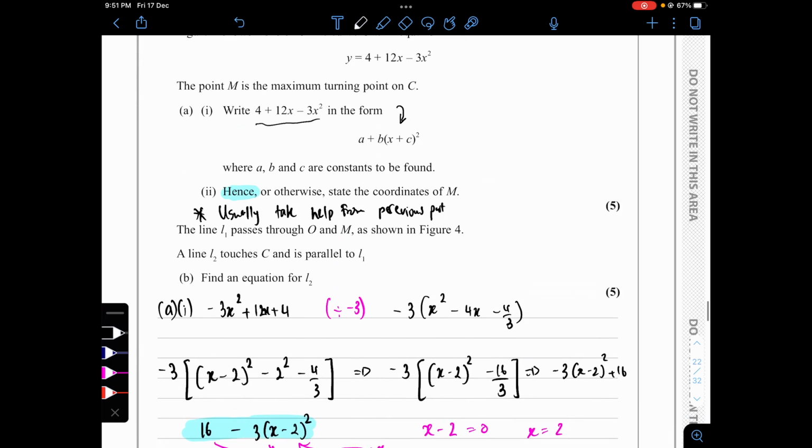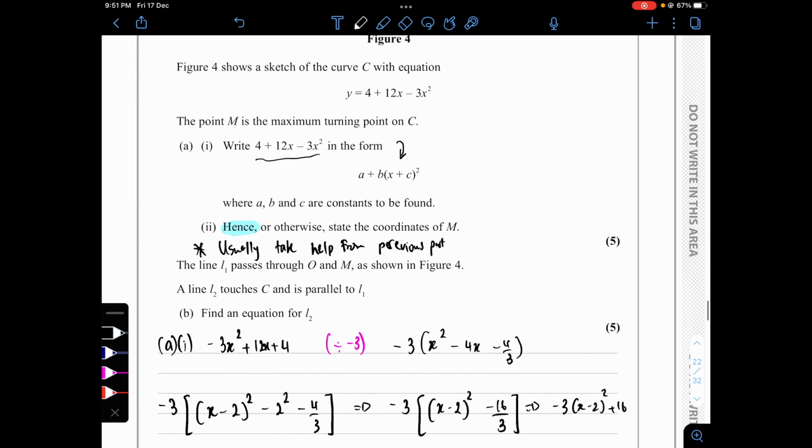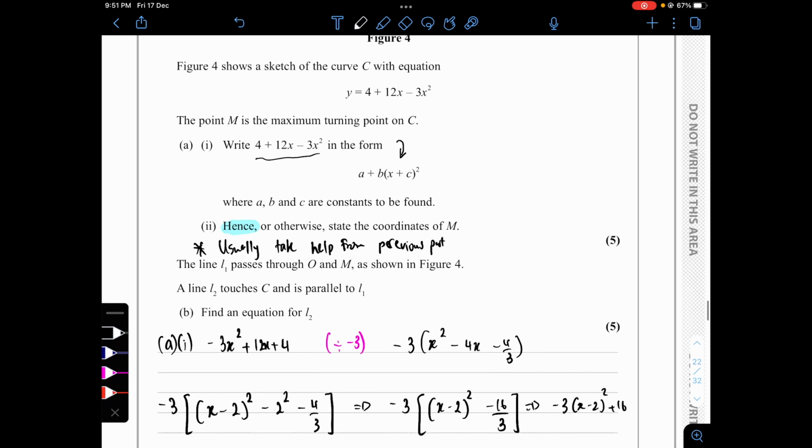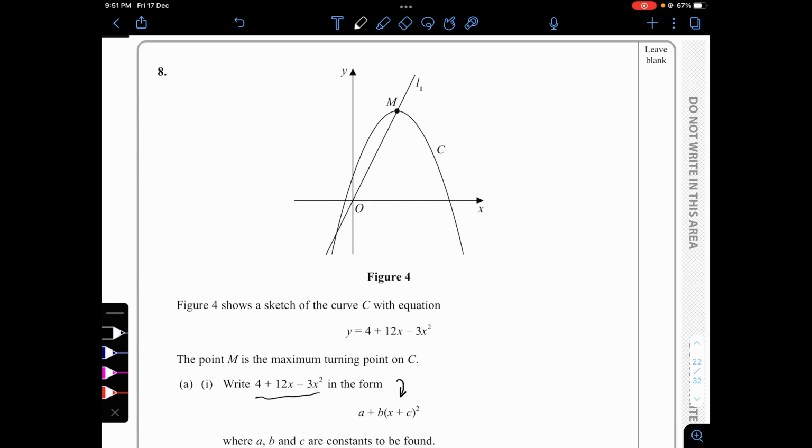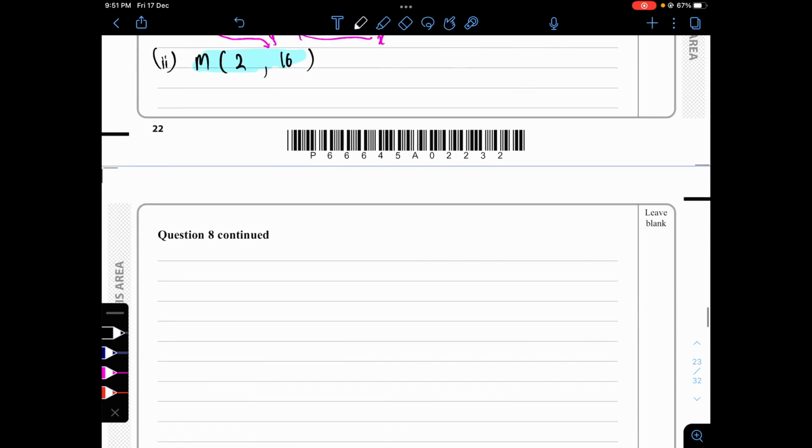It is parallel, and it only touches C, probably around here. That looks pretty parallel to me, but you can see it only touches C. So we want a line that only touches C. And what is that line? That's called a tangent line. We're trying to find the tangent line. Alright, so let's do that.